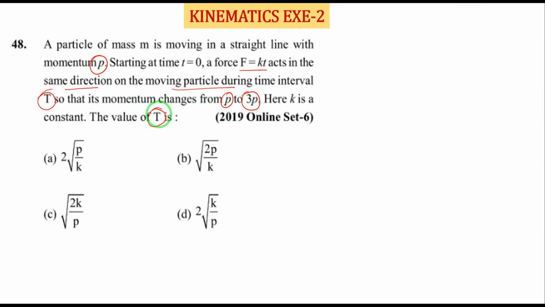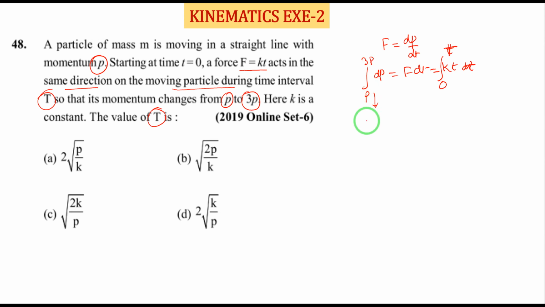See, here the force definition is rate of change of momentum. Force is dp upon dt, right? And so we need to integrate it. dp equals force into dt, and in place of force you put kt, so kt into dt, and integrate. Now when I put integration on both sides, the particle goes from 0 time to capital T time, and the momentum will change from p to 3p.